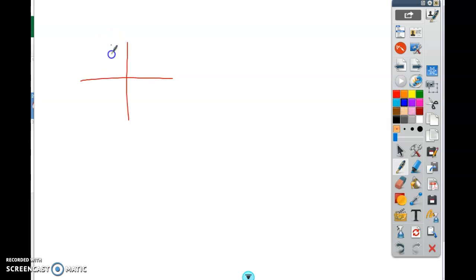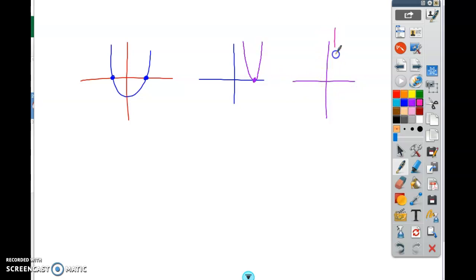Watch this. This has 2 solutions. Okay? This has 1 solution. This has no solution because it never crosses the x-axis.